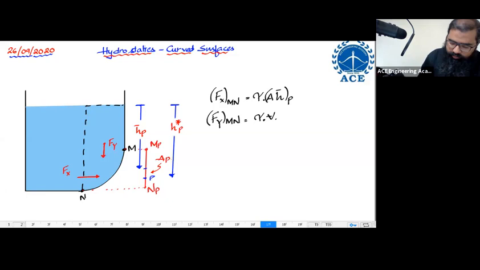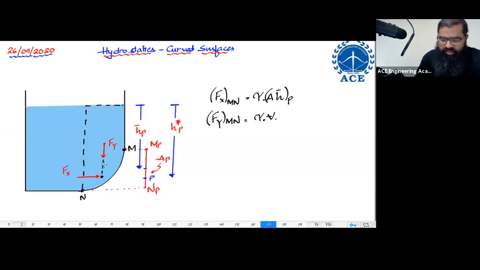Now I know Fy is passing through this, Fx is passing through this. So what I can do, I can extend the line of action of both these things. I can say from this particular point, my resultant has to pass. There's a particular principle known as the principle of transmissibility of forces.